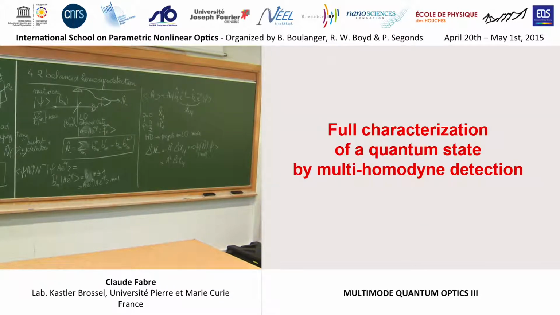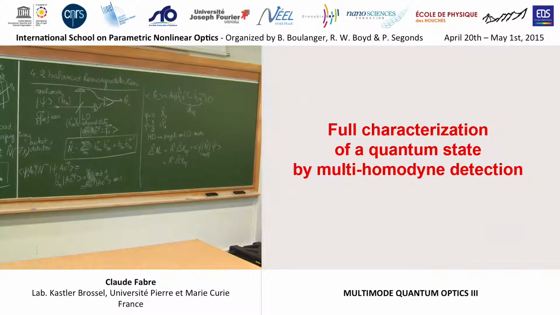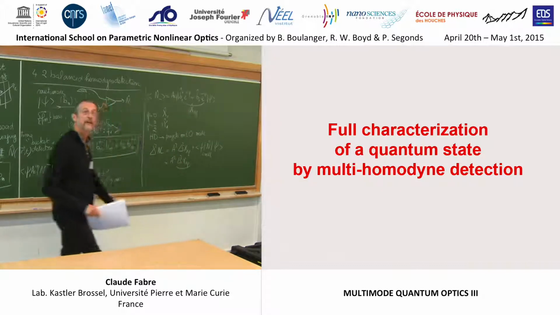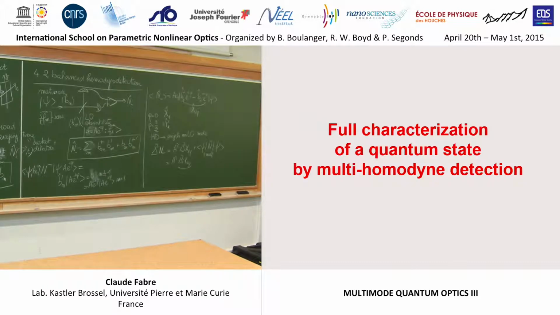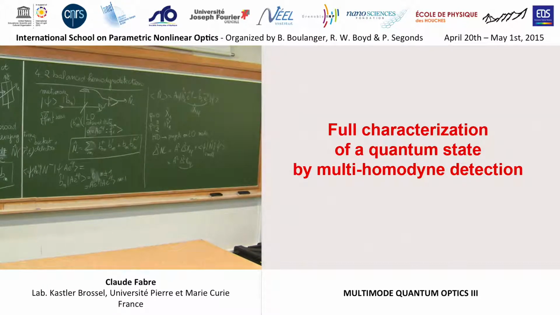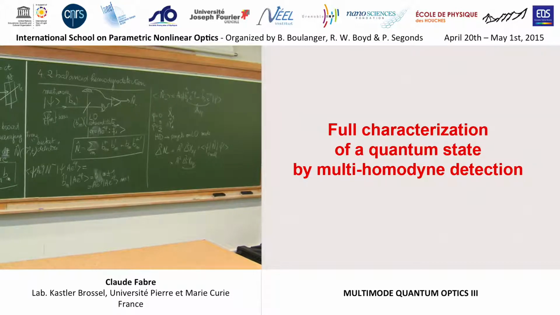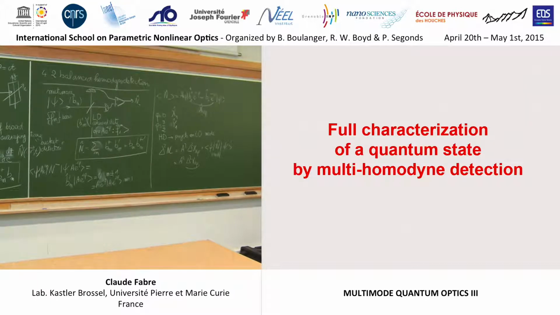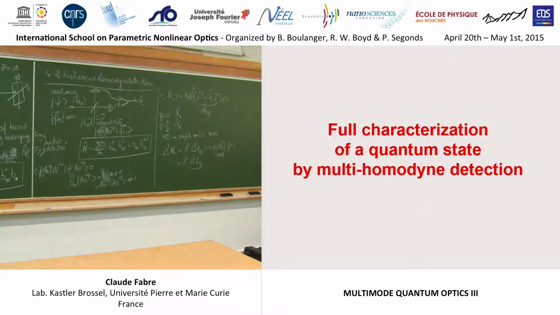Okay? So it's good news. I am able to measure by these techniques all these kinds of quantities. Okay, all the variances of my states. But it's not enough. You remember that in the description of multimode fields, you have this diagonal part of the covariance matrix, but then you have the non-diagonal part, which are all the correlations between the different modes in the x, in the y, in the xy.